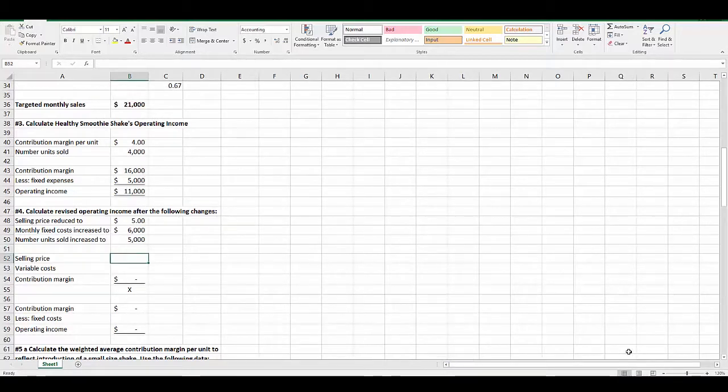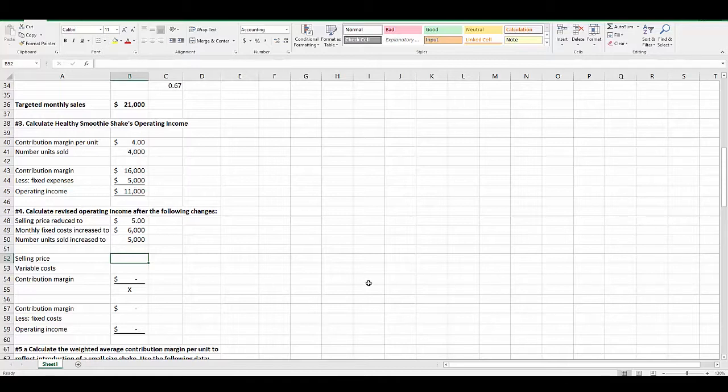Okay, the next part of this problem, section 4, calculate revised operating income after the following changes. This really is the whole reason behind using cost, volume, profit, because it very quickly enables you to see the impact of making changes to your selling price.